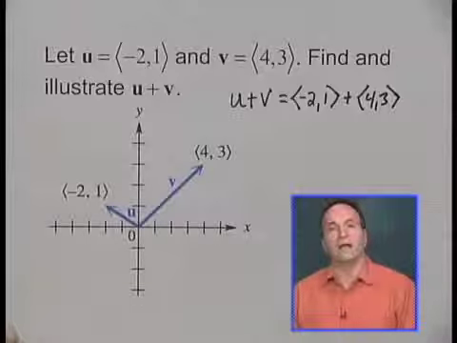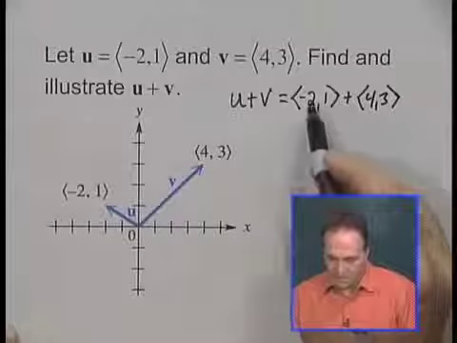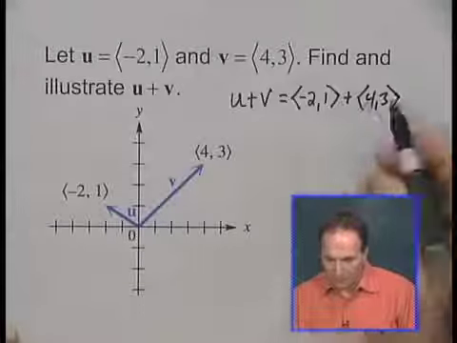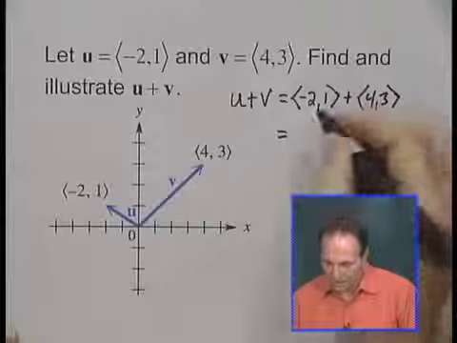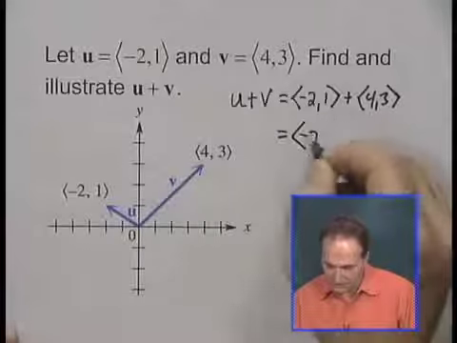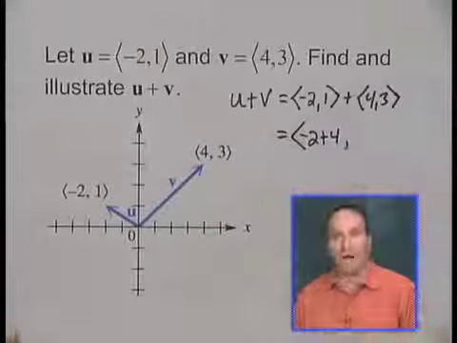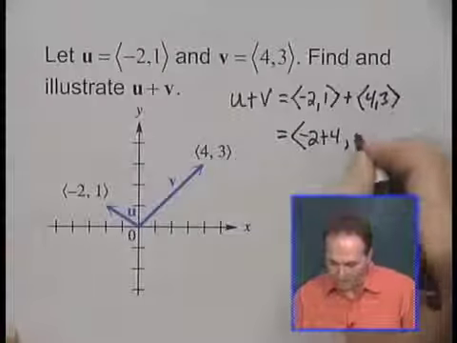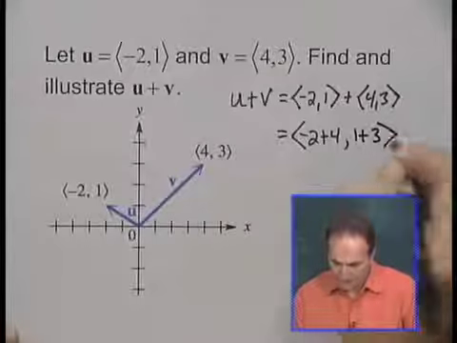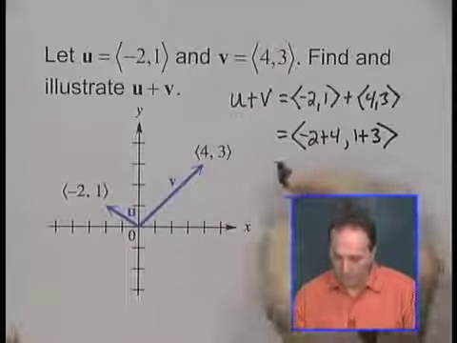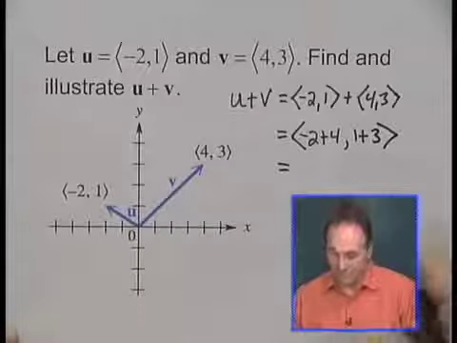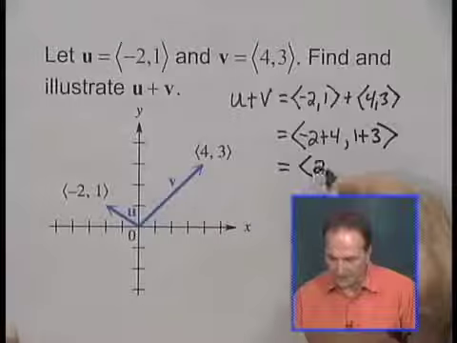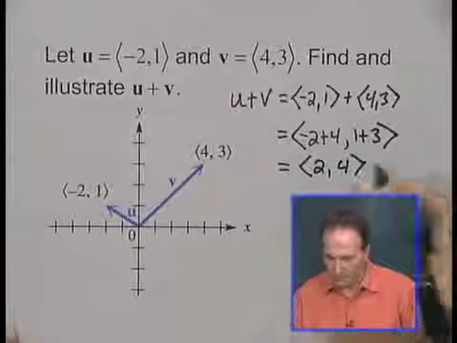And then we add the x components, or the first components. So we would have the vector negative 2 plus 4, comma. Now add the second components, 1 plus 3. And simplify that one more step, and we'd find that the sum is equal to the vector 2, 4.